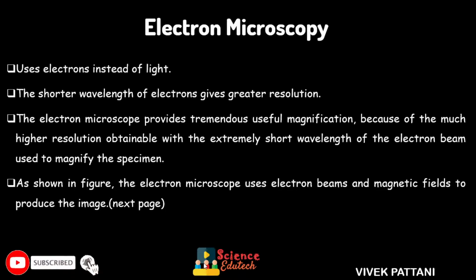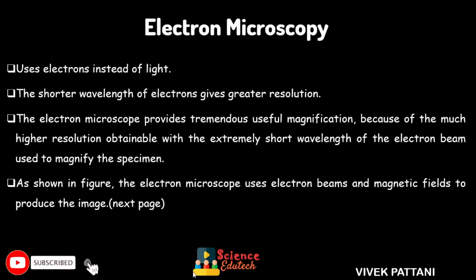As you know, electrons are negatively charged subatomic particles that have a wavelength, and the wavelength of an electron is determined by the de Broglie wavelength and is linked to the accelerating voltage used to form an electron beam. The electron microscope provides tremendous useful magnification because of such high resolution, obtainable with the extremely short wavelength of the electron beam used to magnify the specimen.